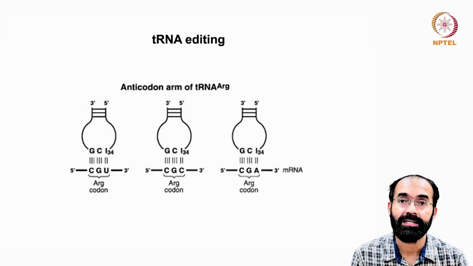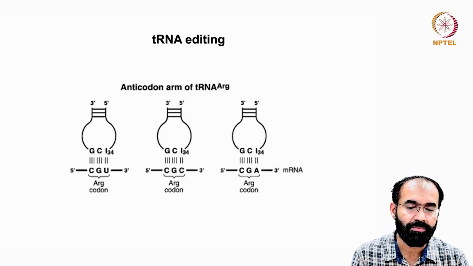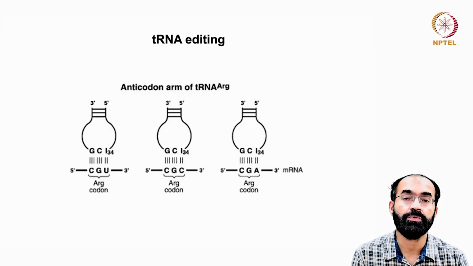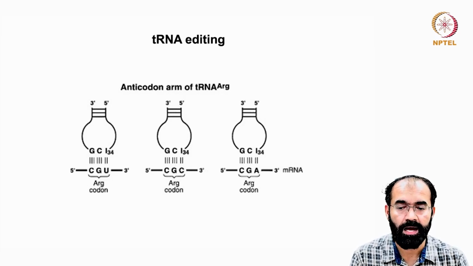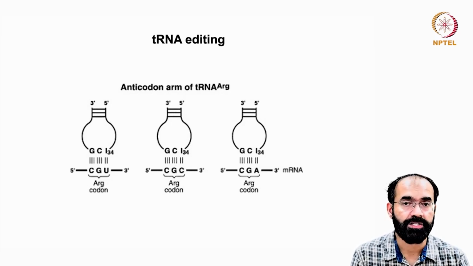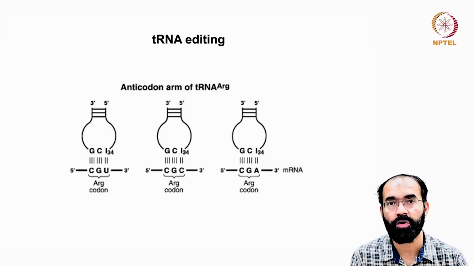They should have had a unique dedicated tRNA, but just by this conversion, actually this was GCA, GCA's A is converted into I by editing, and this made it possible to cater to a total of 3 codons. So this is how evolution has taken place in various organisms.